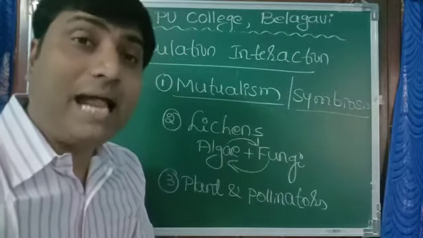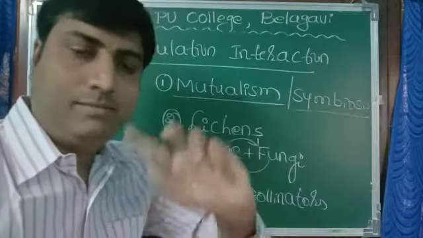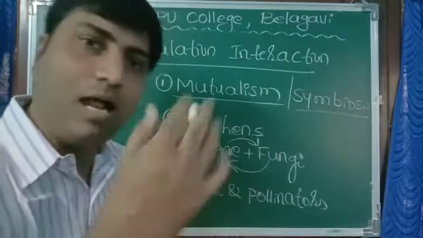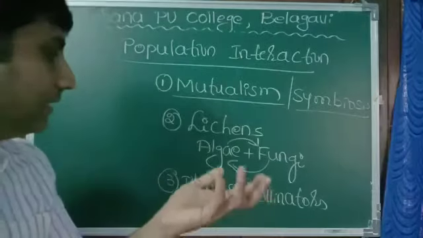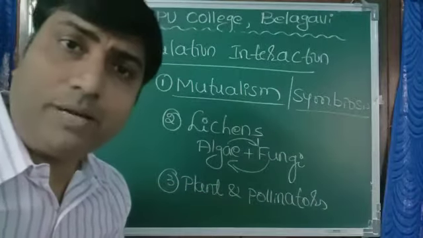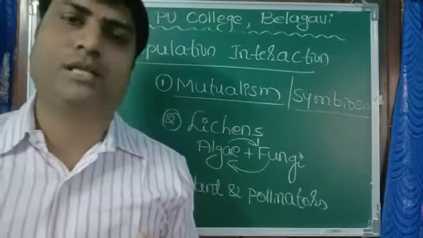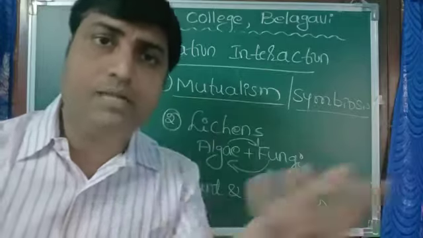And what benefit will the plant get? Pollination. During the action of collecting nectar from flower to flower, they help in pollination. Pollen grains get transported from one flower to another. So this is mutualism. Now take the example of ourselves and the plant.